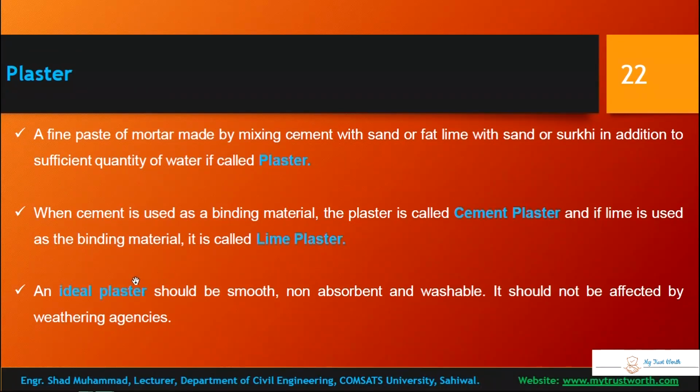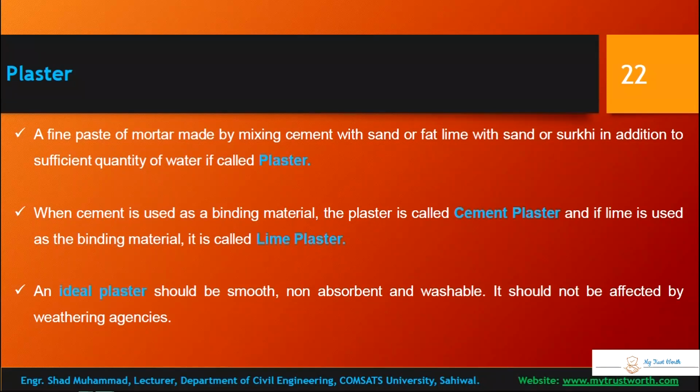An ideal plaster. What is an ideal plaster? It should be smooth. It should not be rough. Non-absorbent. It should not be absorbing water, otherwise the purpose of the plastering is partially invalid. And washable. Washable does not mean that you just keep on washing your mortar covered walls.